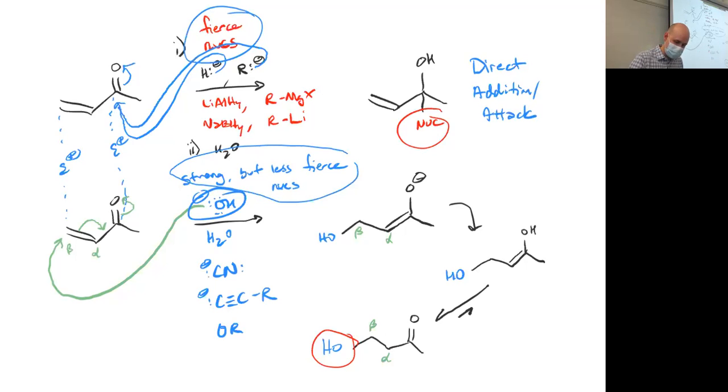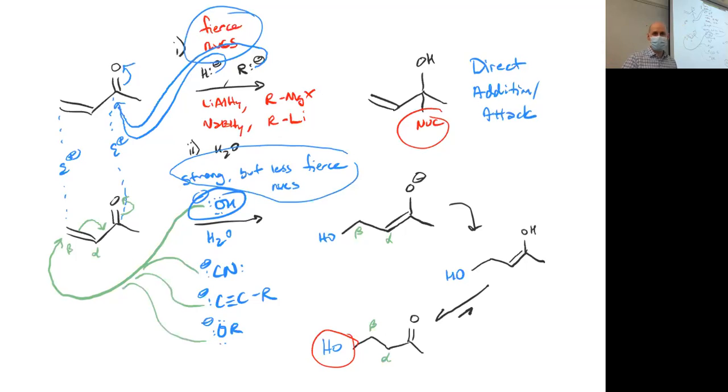OR-. So these are a lot of the nucleophiles that we had seen already. All of these guys will be kind of choosy. And all of these guys would attack the beta spot. And they would end up attached at the beta spot and do what we call conjugate addition.